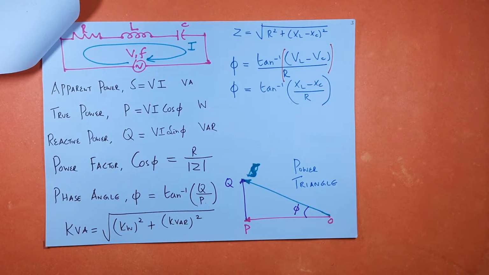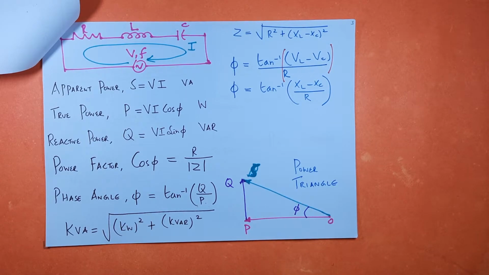Var is volt ampere reactive. Power factor is nothing but cos phi, equal to R divided by magnitude of Z. Phase angle phi equals tan inverse Q by P. So this is the power triangle.